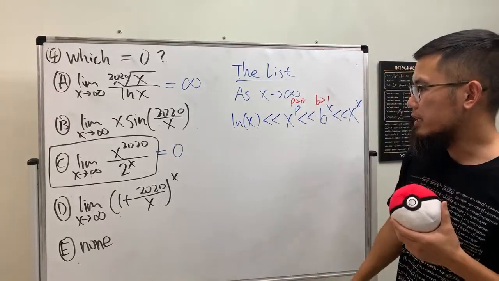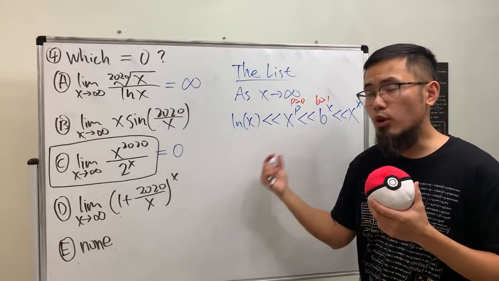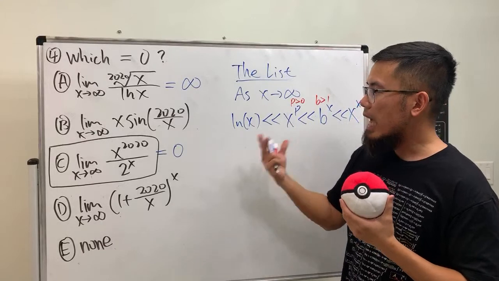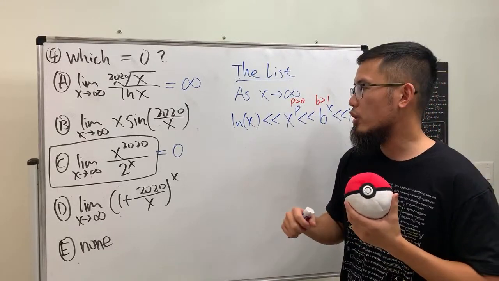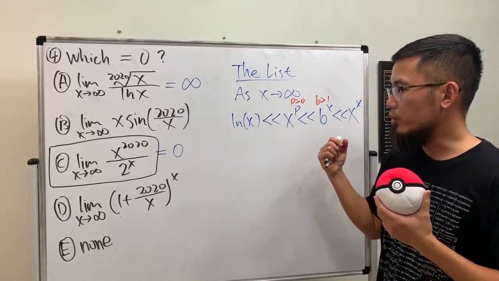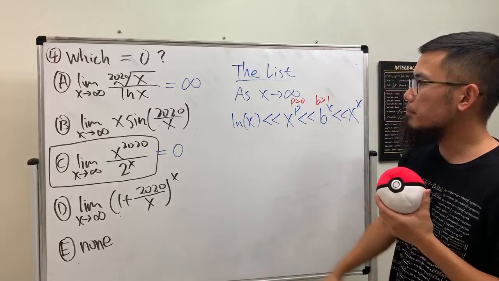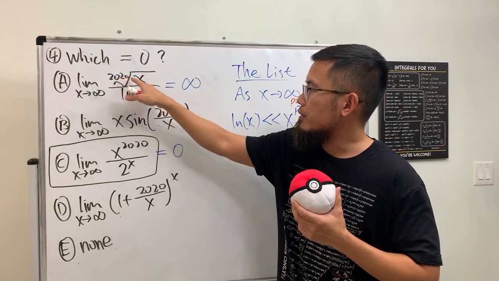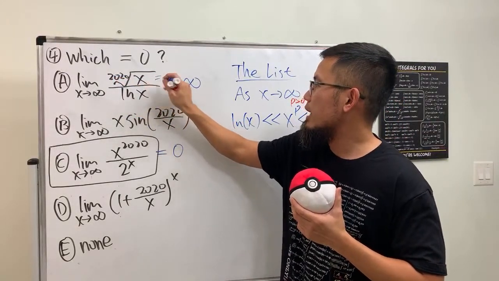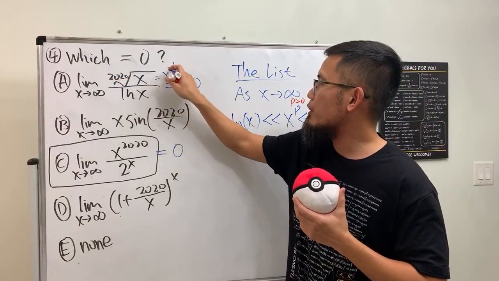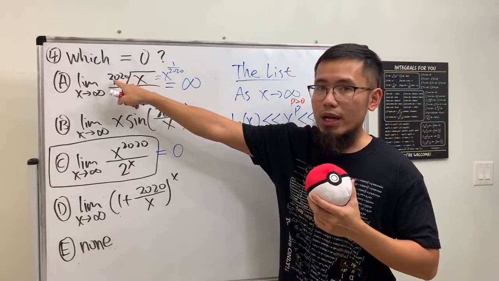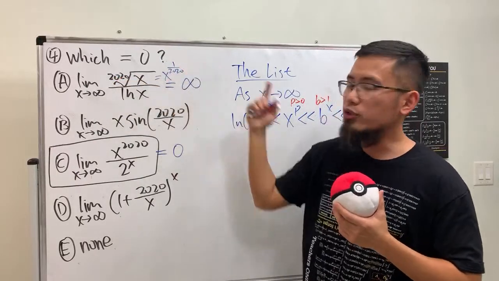How small are these? If you do the ratio of one and the other, if the top is the smaller function, the ratio of the functions will go to 0. But if you look at the first one, this is x to the 1 over 2020's power, because when you have the radical, the index is the same as the fractional power.